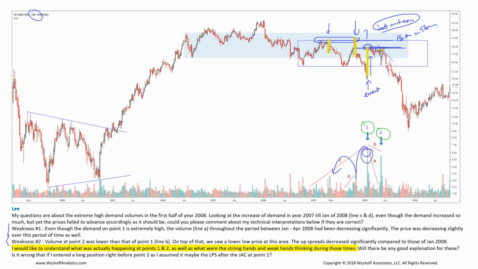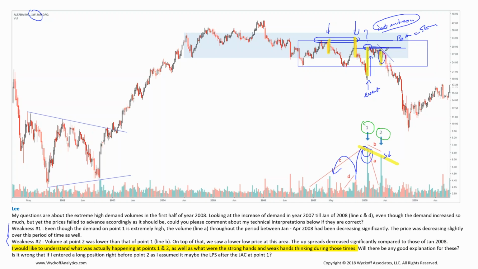So when point number 2 comes, which seems like a very logical diminishing volume signature, we might be thinking that, okay, supply is diminishing here, which is correct as well. But what's not happening is that we're not going anywhere with all of this increase of what seems, to an amateur eye, a bullish scenario.